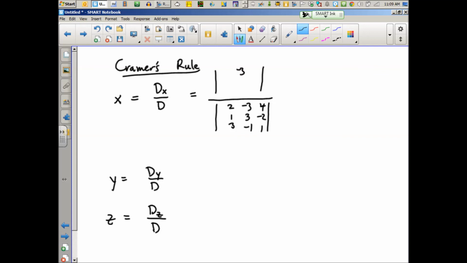D sub x has the first column replaced with the 8, the -3, and the -1. You see? So the top and bottom actually look identical except for the first column here. And if you work this out, you literally get, I think it's 17 over -17, which is -1.